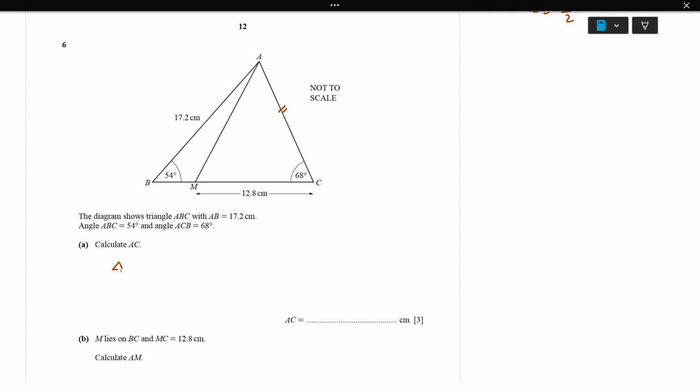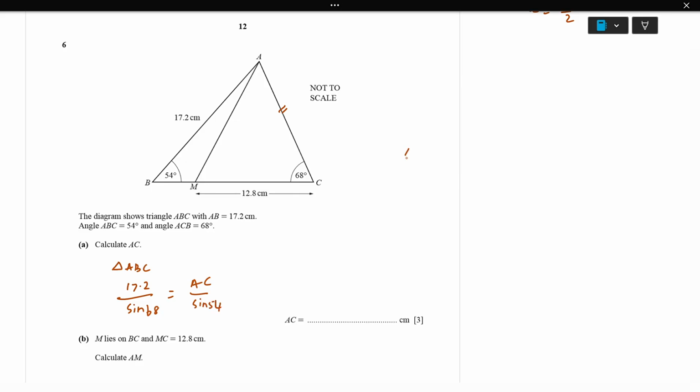So triangle ABC. One pair is given, so 17.2 and 68. So we need to find the other pair. Okay, I'll use the sine rule. 17.2 over sine 68 equal to AC over sine 54.